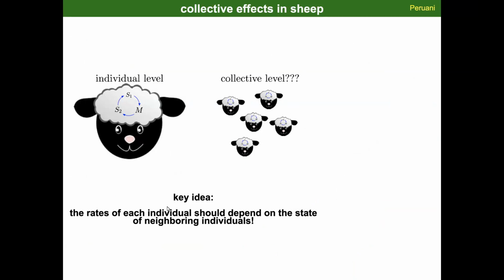And the key idea is to use rates that depend on the behavioral state of your neighbor. So you have to see what happens around you, and your transition rate will be modulated by the behavioral state of all your neighbors.